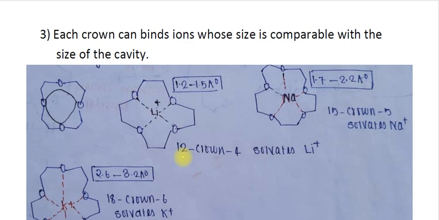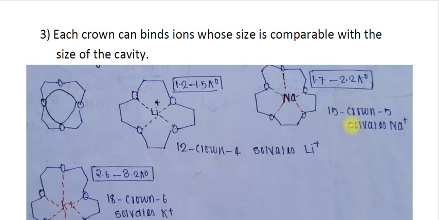Here this is 12 crown 4. The 12 crown 4 internal size is 1.2 to 1.5 angstrom, and that size is good for lithium to bind. So the lithium cation will bind to 12 crown 4. That means the 12 crown 4 solvates the lithium.